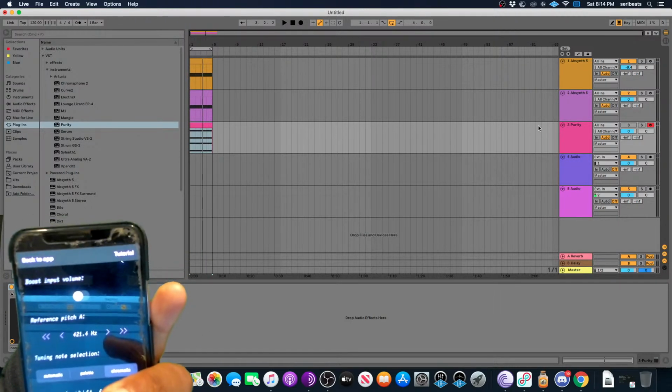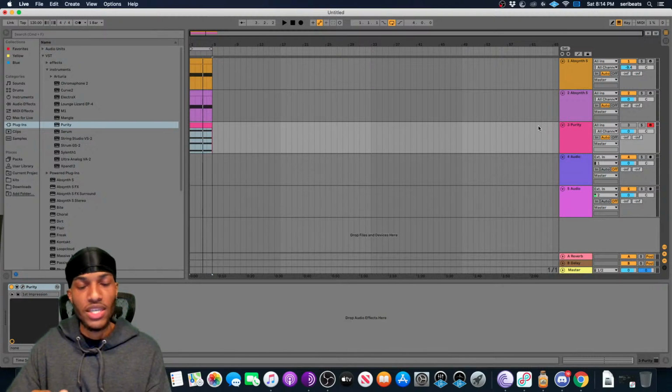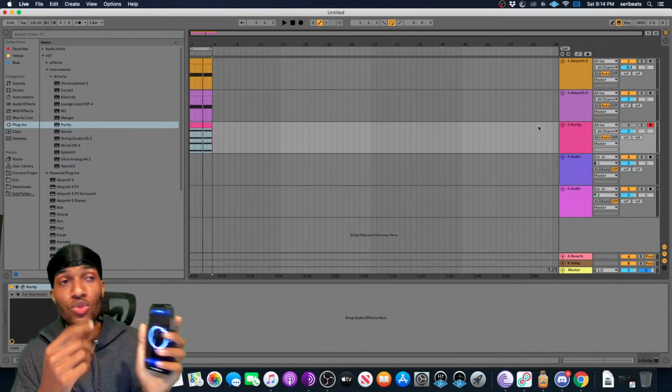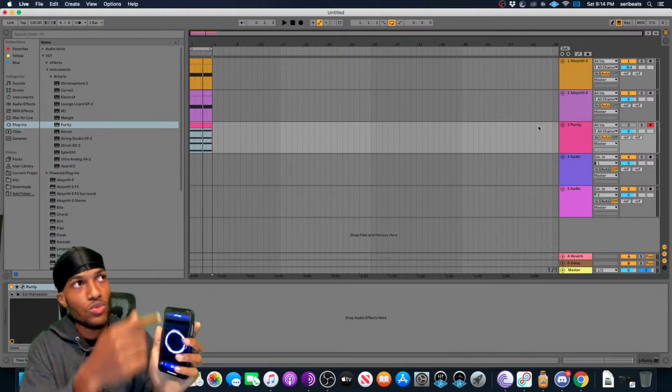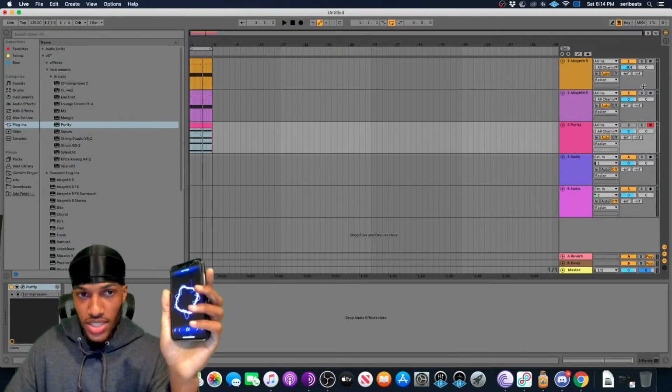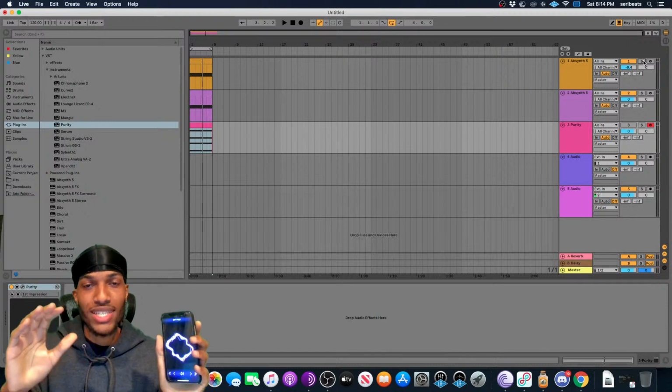So it's 421.4 here. How the app works, if something is out of tune, if it's too high pitched, it will rotate to the right. If it's too low pitched, it will rotate to the left. So let's play. And remember what I said, when a pitch is in tune, it creates a stable image.